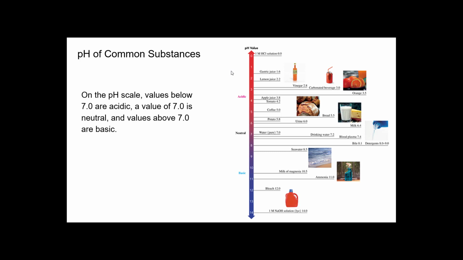So what we're going to look at is actually understanding pH numbers. On a pH scale, 7 is neutral. Anything above 7, meaning going to 14, even though the scale on here is pointing down, a larger number than 7 is basic. And anything below 7, a smaller number than 7, is acidic.